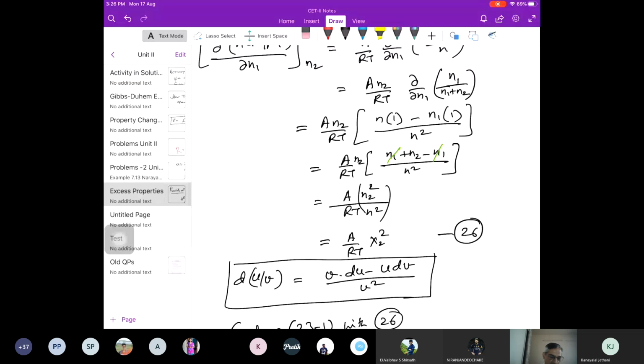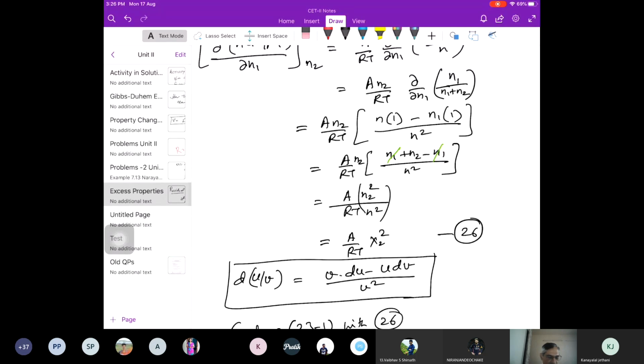So n1 cancels out, and what we get is A n2 square upon RT n square. This is equal to A by RT into n2 by n, which is x2 square. So we get equation 26.